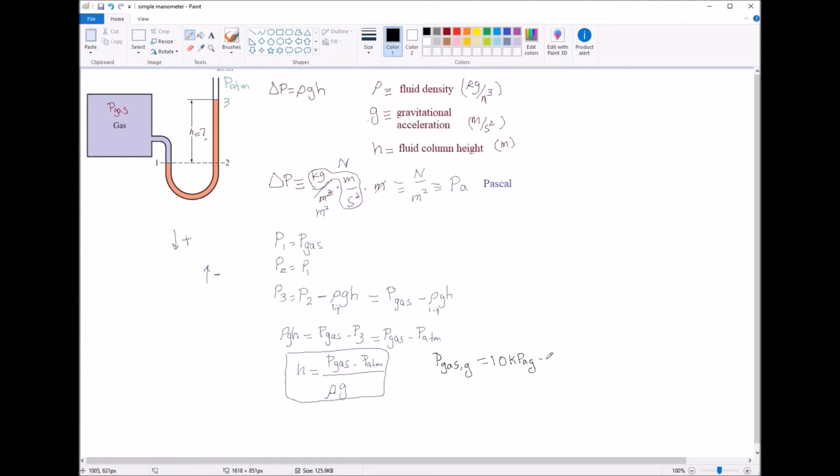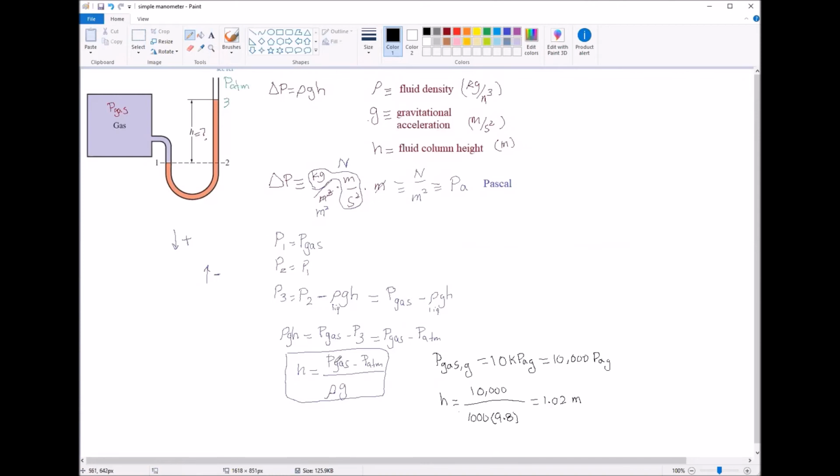In that case you have to convert it to pascals, 10,000 pascals gauge, then H will be calculated as 10,000 divided by, let's say the liquid in the manometer is water and the density for water is assumed to be 1,000 kilograms per meters cubed times 9.8 for G, and the answer is 1.02 meters, the height of the column.